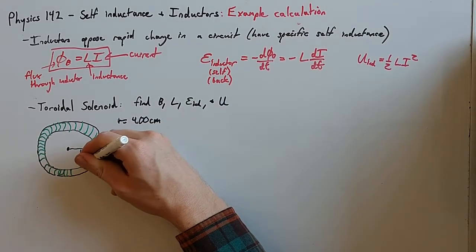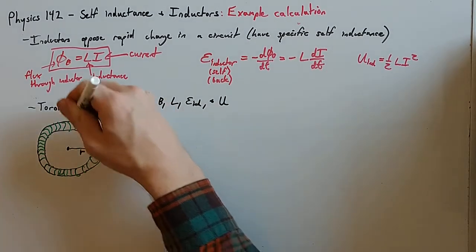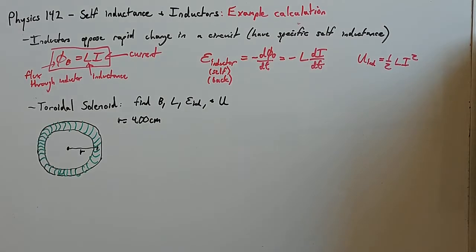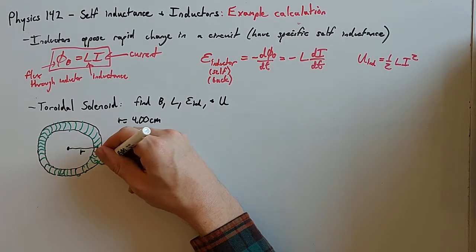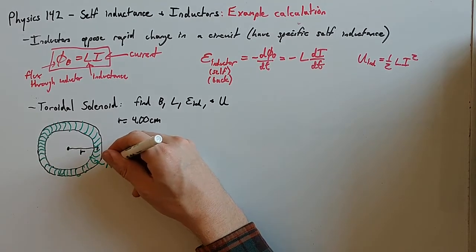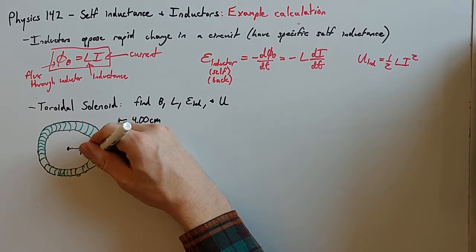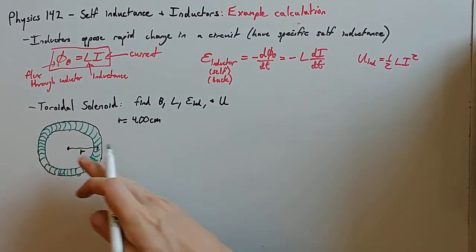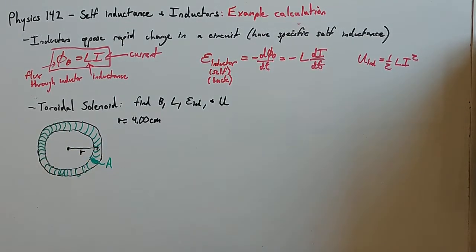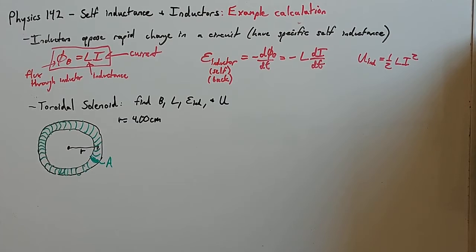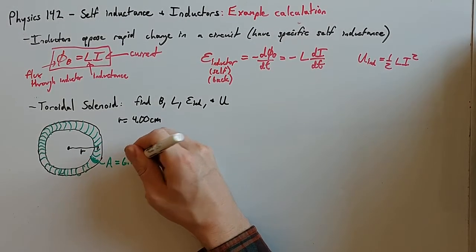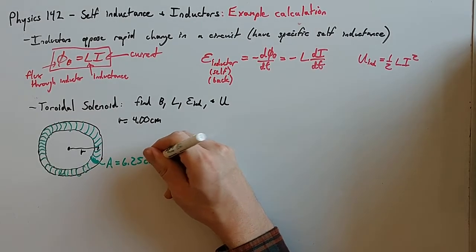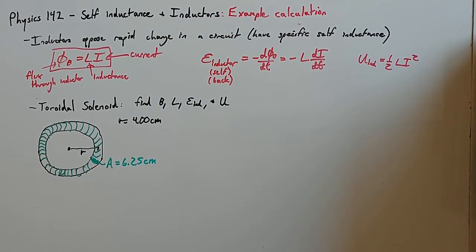Each loop of the wire is going to have some cross-sectional area to it, if I sliced through the donut there. There'd be some cross-sectional area, and so we'll call that A. And we'll pretend that is 6.25 centimeters here, all right? So we'll give that a value as well.